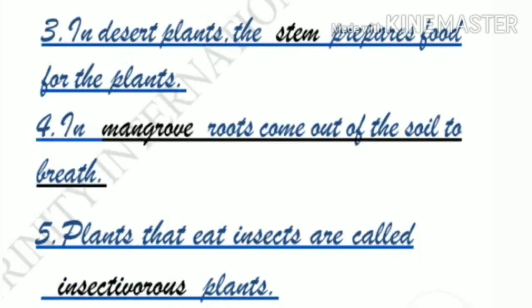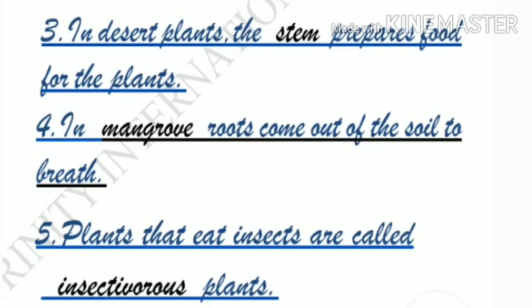In desert plants, the dash prepares food for the plants. Answer: stem. In desert plants, the stem prepares food for the plants.